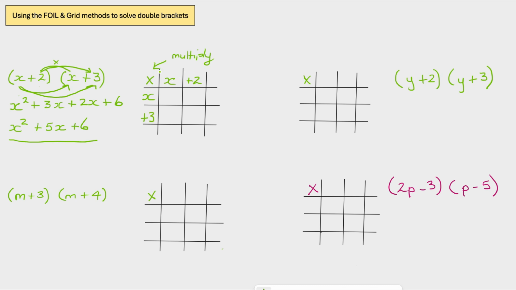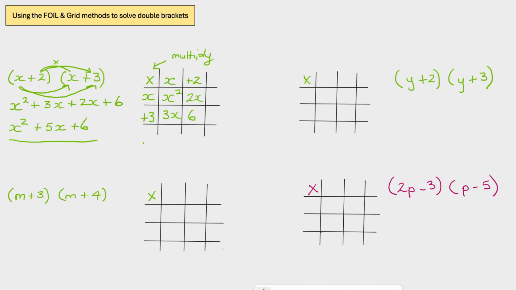So we are timesing, this is how it will multiply, we are timesing these across. So x times x is x squared. X times 2 is 2x. 3 times x is 3x. And 3 times 2 is 6.